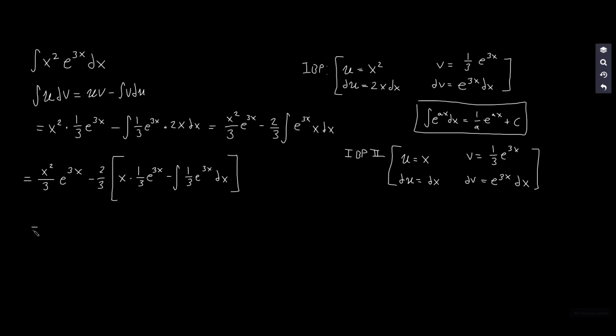Okay, so then that's going to be x raised to the second power over 3 times e raised to the power of 3 times x, minus 2 over 3, and I'm just going to clean this up a bit. x over 3 times e raised to the power of 3 times x, minus, I'm going to factor out that 1/3 from the integral, 1/3 times the indefinite integral of e raised to the power of 3 times x, integration with respect to x.